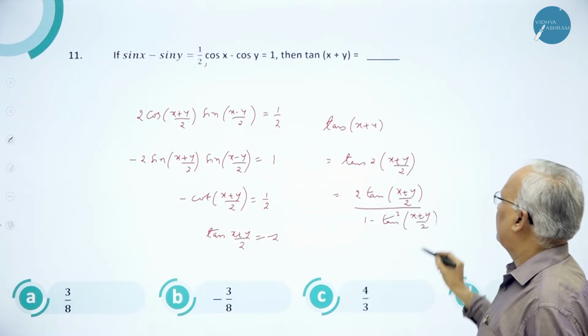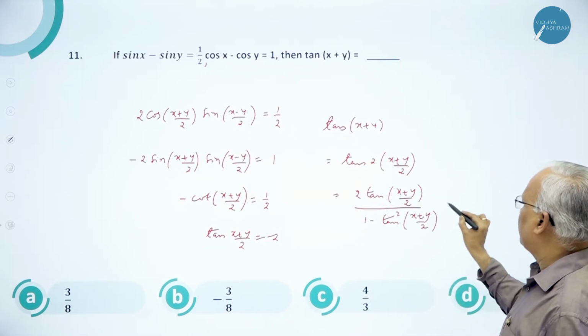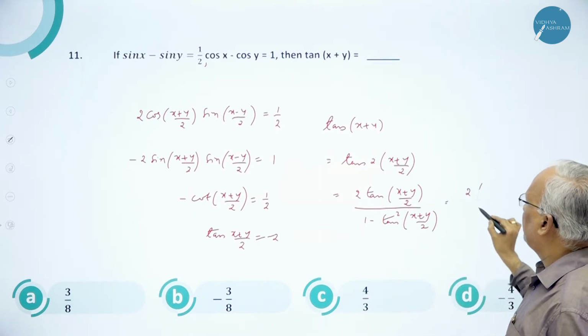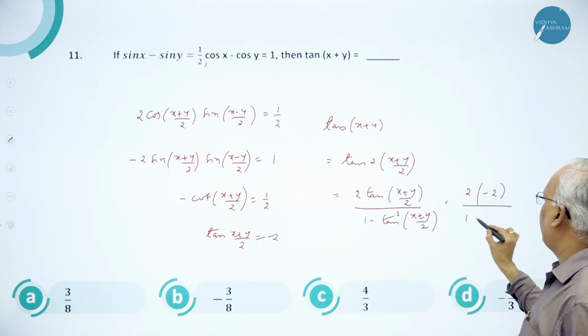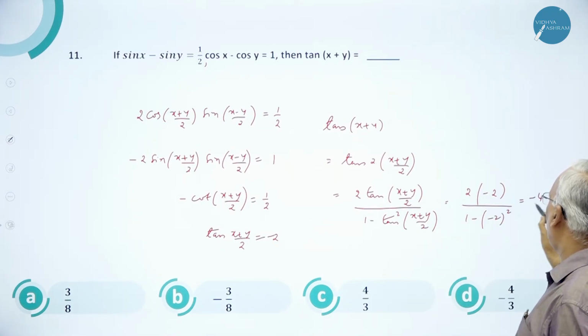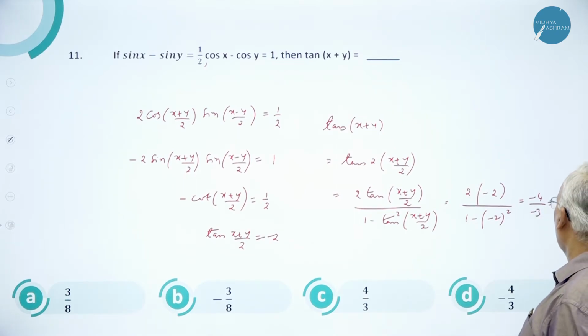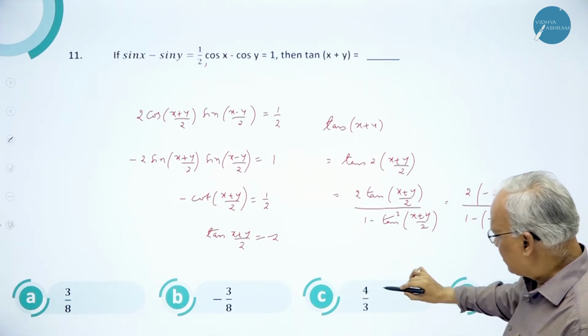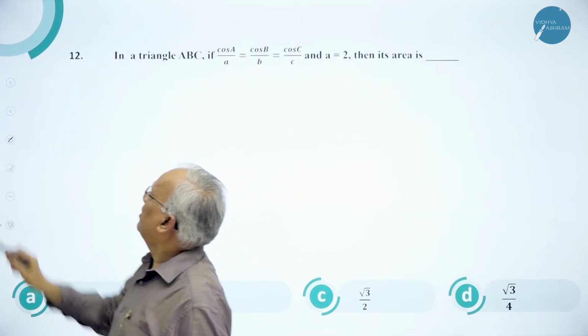Tan 2 theta is 2 tan theta divided by 1 minus tan squared theta, which is equal to 2 into minus 2 divided by 1 minus 2 squared, which is equal to minus 4 divided by 1 minus 4, that is minus 3, which is equal to 4 divided by 3. So the answer is C. Okay, use the transformation formula and get it.